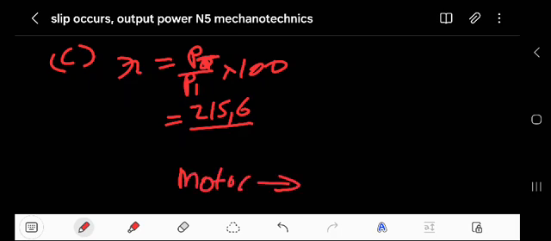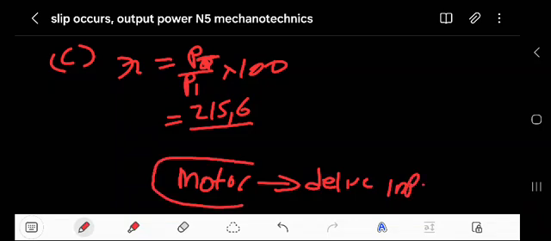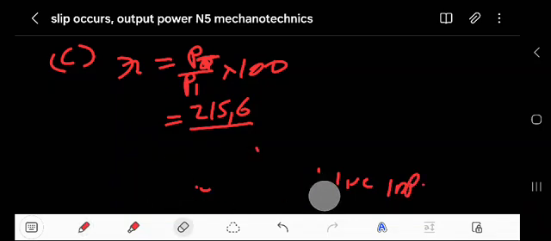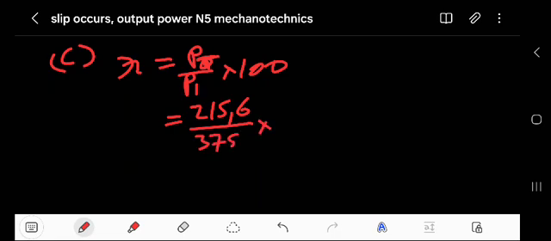Motor delivers an input power. We must know that a motor does not transmit the output power. So that will be input, obviously it's the motor, times 100. This will be 58%.